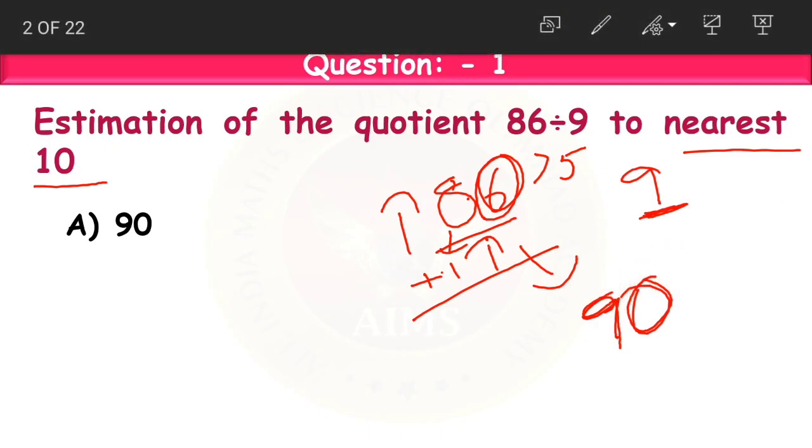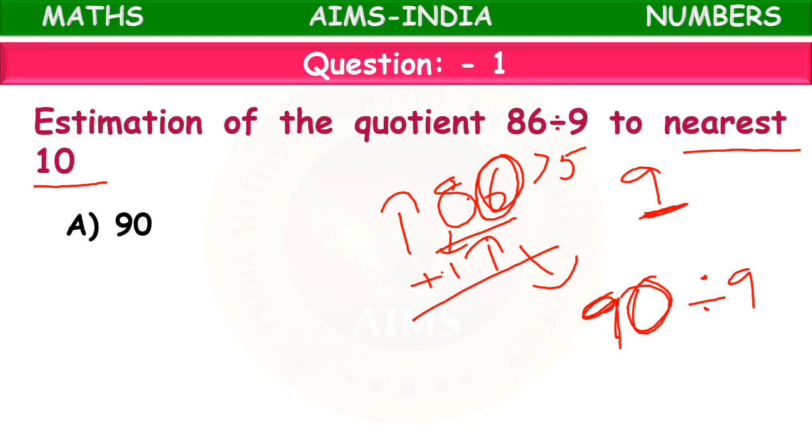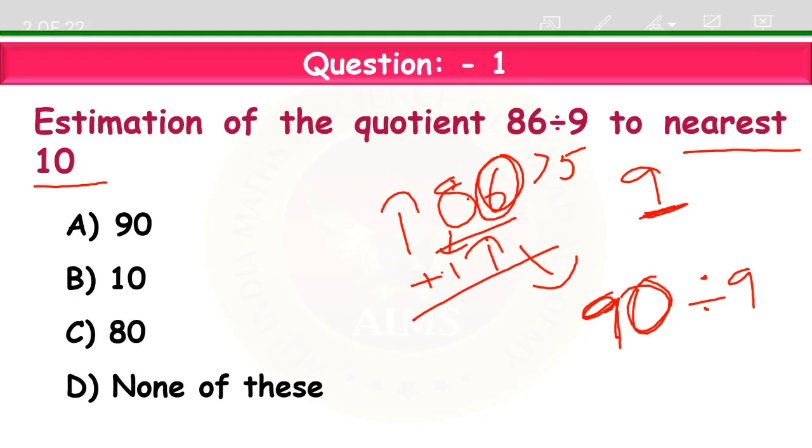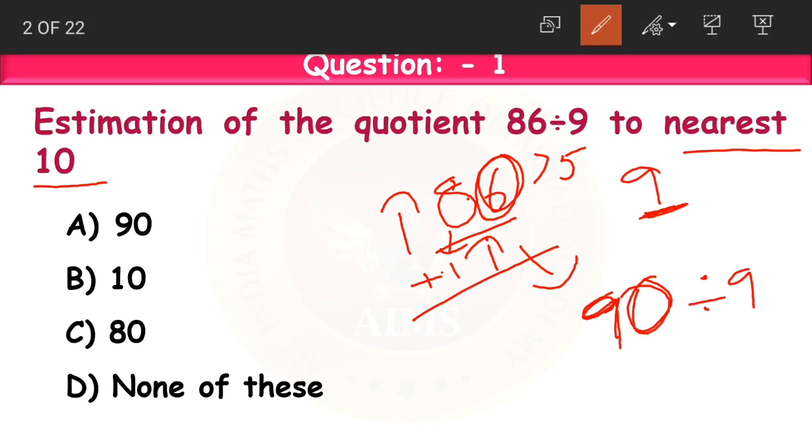We have, what do we have now? 90 divided by 9. Now let us look at the options. Option A 90, option B 10, option C 80, option D none of these. Again students, remember, the question is not to estimate 86 to the nearest 10. The question is to estimate the quotient of 86 divided by 9 to the nearest 10.